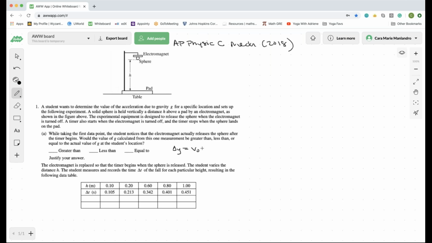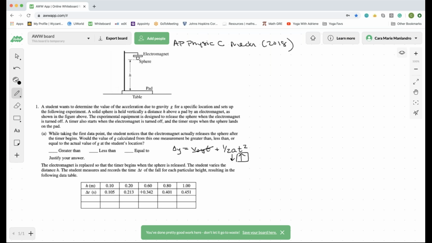Change in y is equal to v naught y t plus 1/2 a t squared, right? And so what we want to notice here is that the measured time is going to be greater than we would expect, and therefore your acceleration would be less than. Does that make sense? Okay, guys are good? Great.